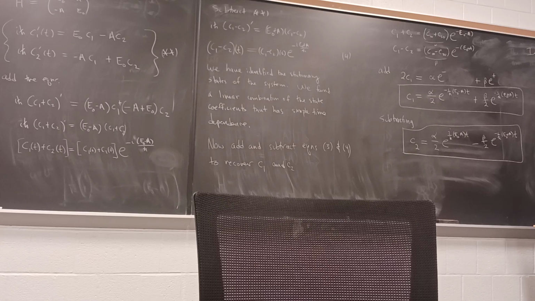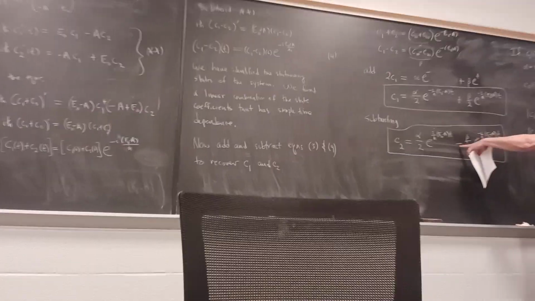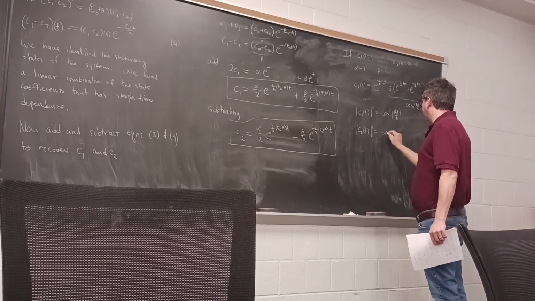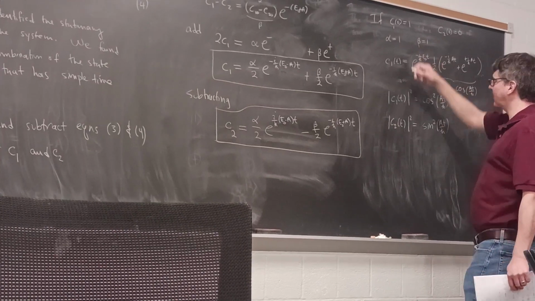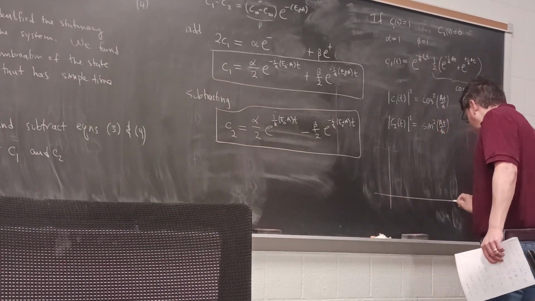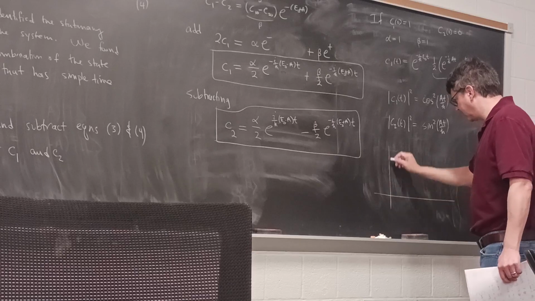So C1 of t, the magnitude anyway, squared, this term will just go away. It'll just be cosine squared of A t over h bar. And then you can calculate C2 of t squared. This is a minus sign, so you'll get a sine. Okay, so if I start off in state 1, then it just does this.